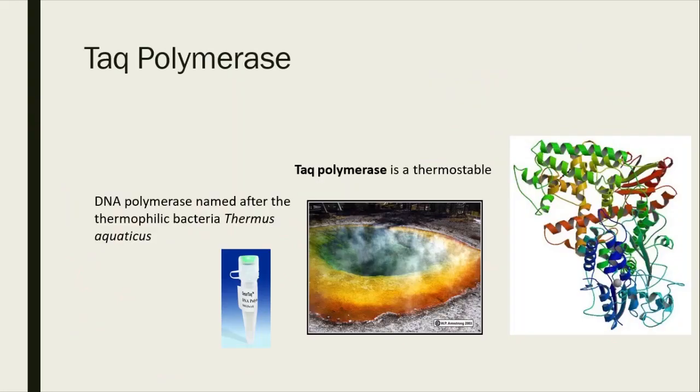Alright, and then we're going to talk about the enzyme that is most important for this reaction. Now, this is the first one, Taq polymerase. There are other polymerases utilized in PCR reactions these days, but this has been the first one, so we'll talk about it. Now, Taq polymerase is thermostable.